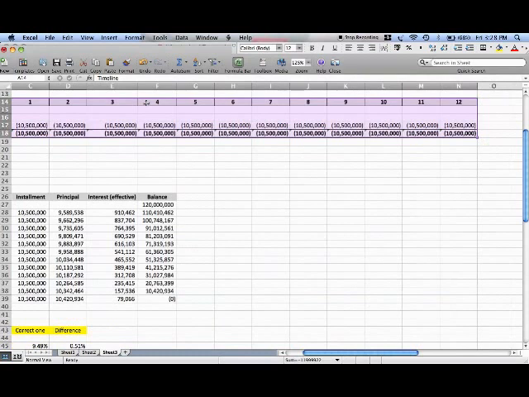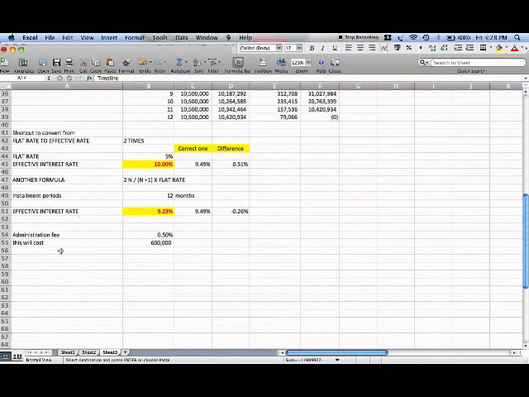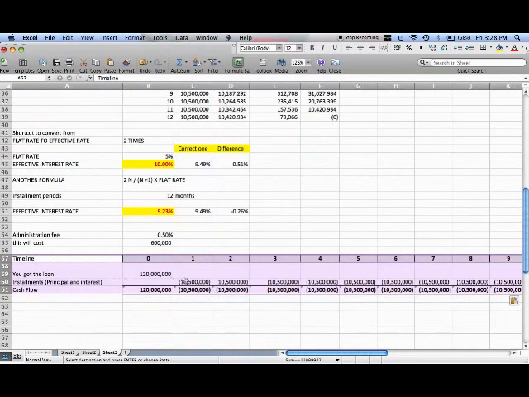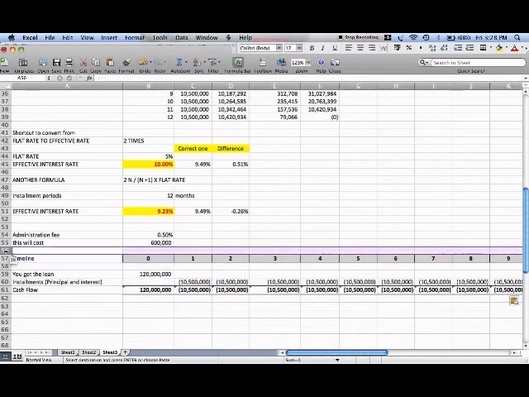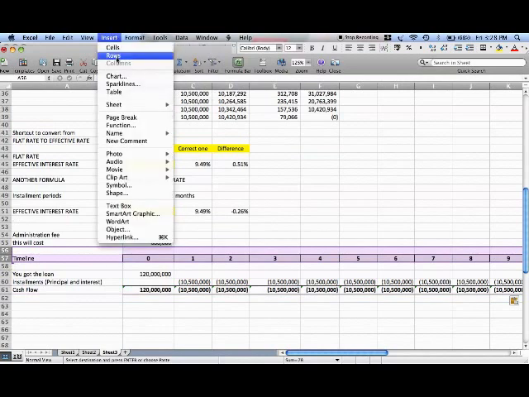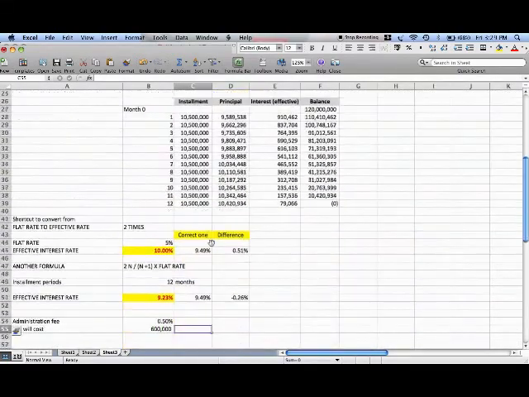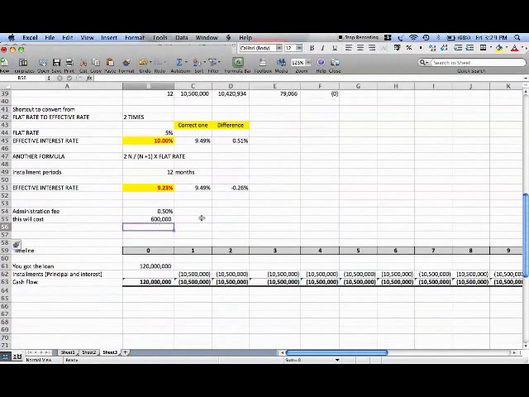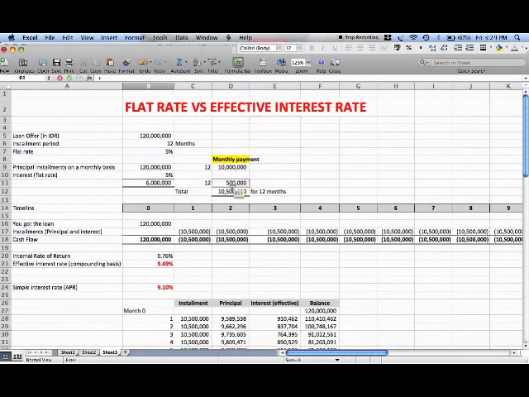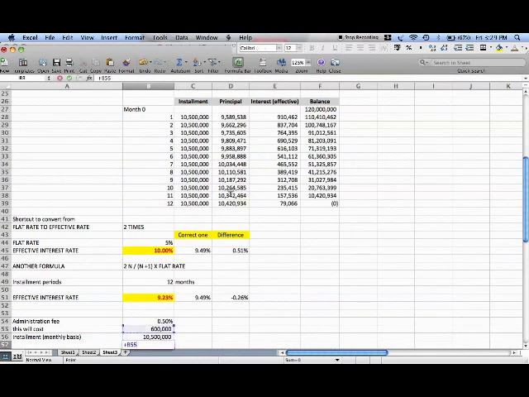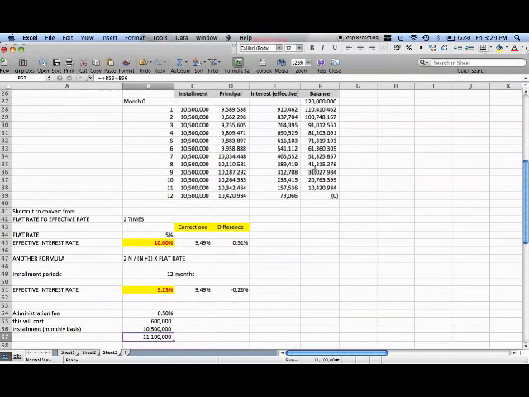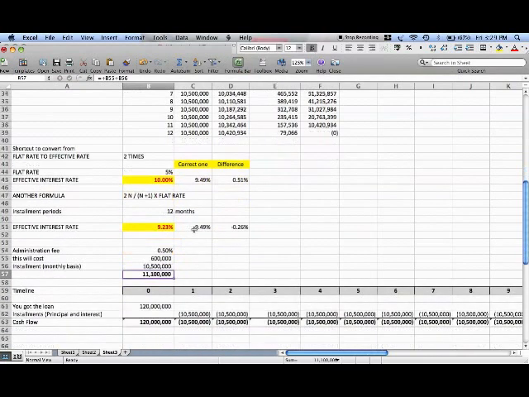So this 600,000, you need to add up on your monthly installment basis.